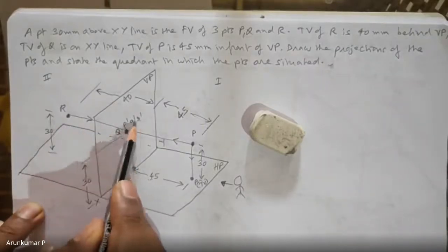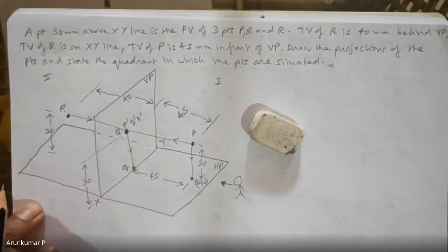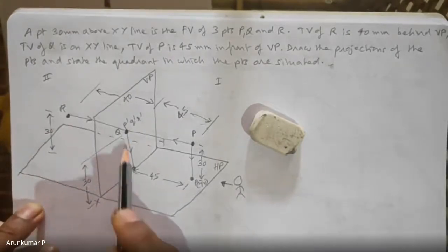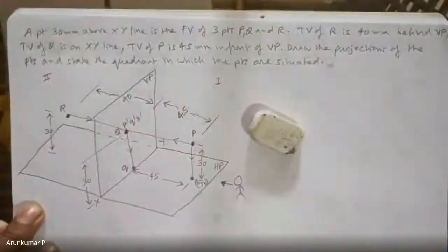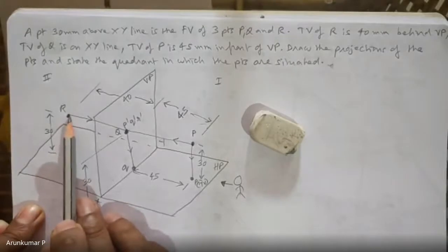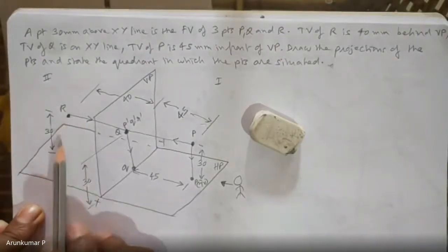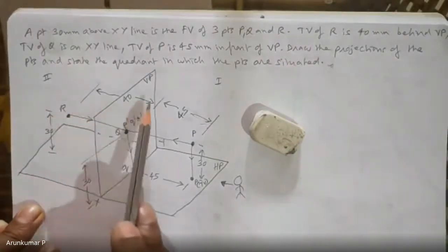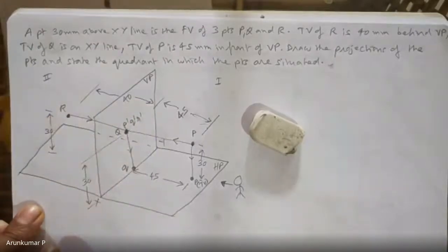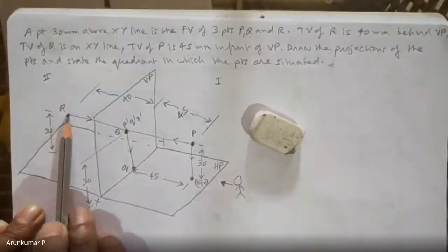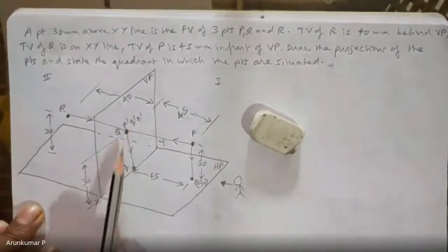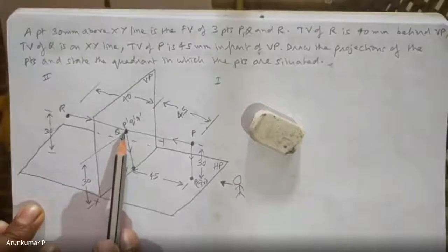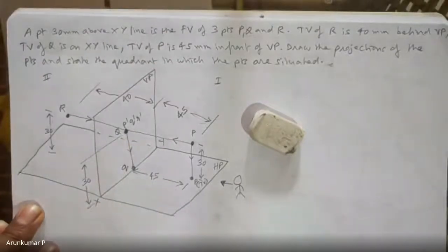Is R dash the front view of R? Is it at a distance of 30 mm above XY line and on VP? Yes. So this is exactly where the point R is. R is 30 mm above HP, 40 mm behind VP. Because of which the front view of R is coinciding with this point, R dash. Same, 30 mm above XY line and on VP.